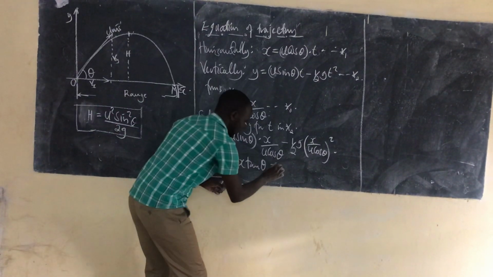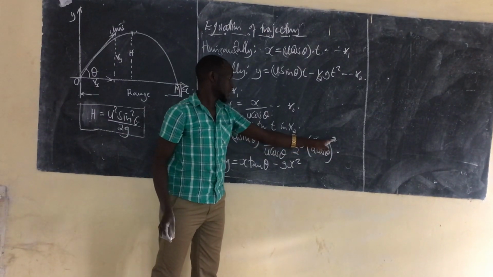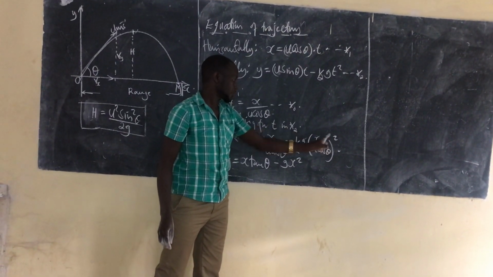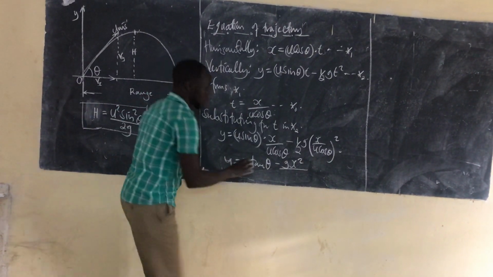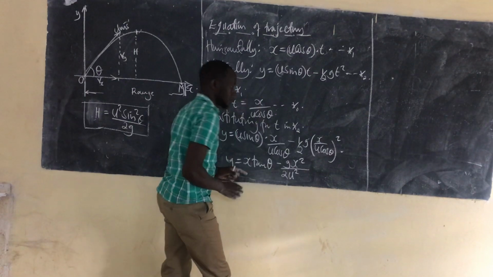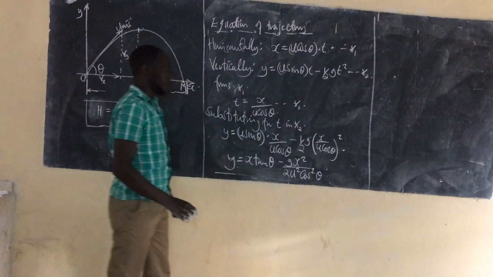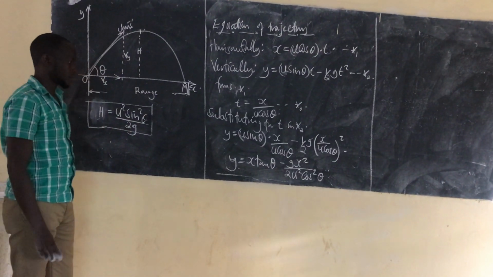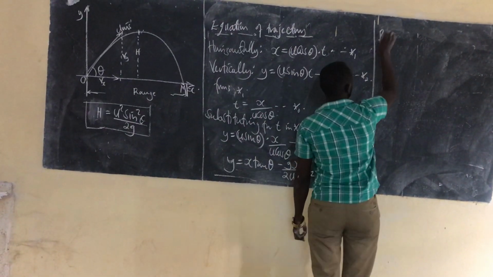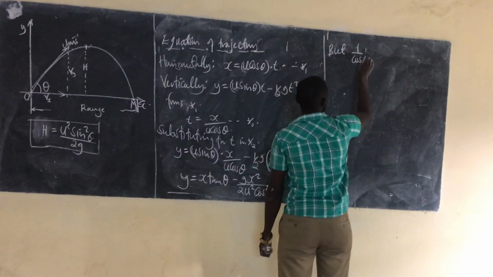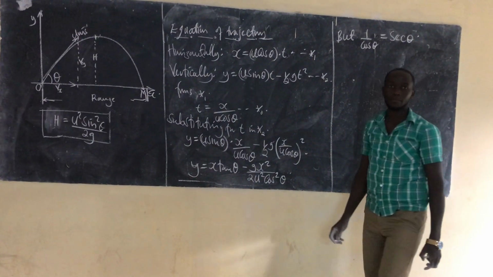Then minus g x squared. If this bracket is opened, the square will come on x, divided by 2u squared cos squared theta. If that is the case, you remember that 1 over cos is always sec theta.